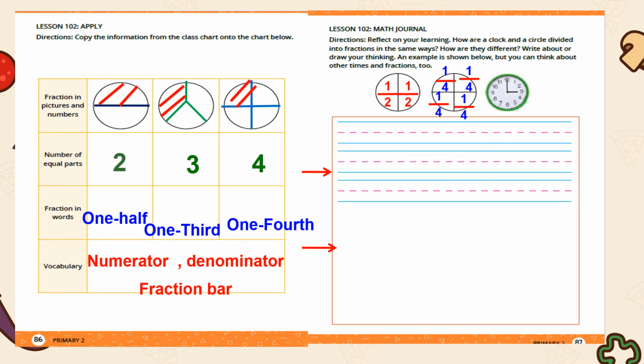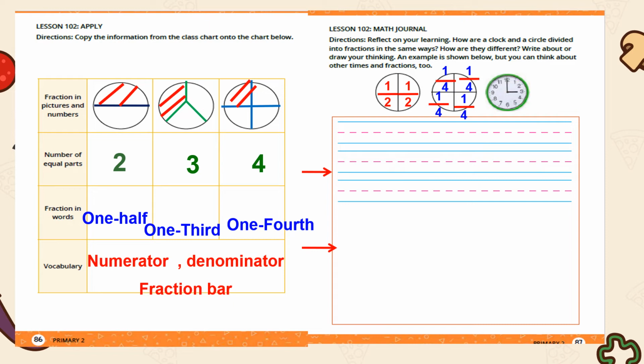Next page, reflect on your learning. How are a clock and a circle divided into fractions in the same way? How are they different? So, the first circle is divided into 4 equal parts. So each part is 1/4. When the hour hand is on 3, the time is 3 o'clock.